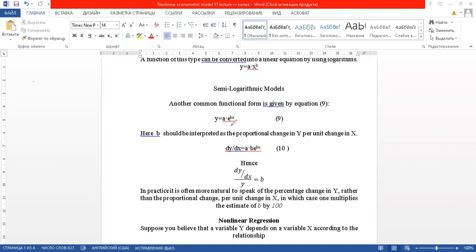A common functional form is given by the equation y is equal to a times e to the power of bx, and here b should be interpreted as the proportional change in y per unit change in x.